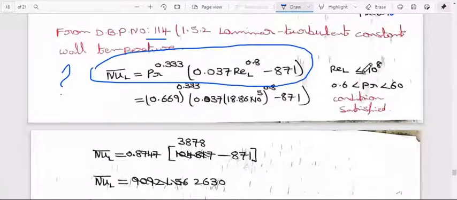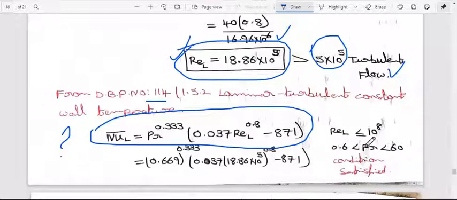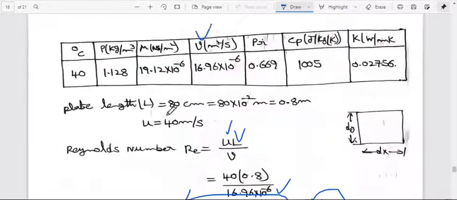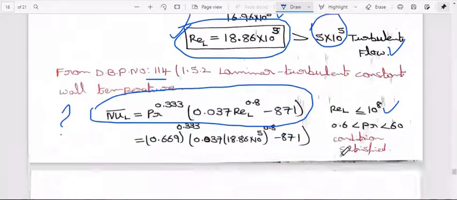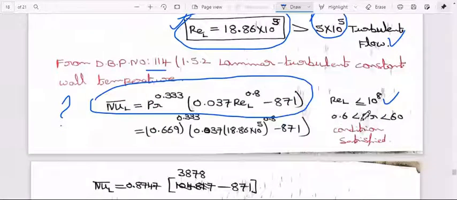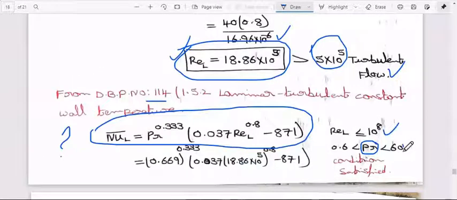So here Reynolds number less than or equal to 10 power 8. This is turbulent condition. This condition, less than or equal to 10 power 8, is satisfied. And Prandtl number value from data book page number 33 at temperature 40 degrees, PR equal to 0.669. So here 0.6 less than PR value of 0.669, so this condition is also satisfied.